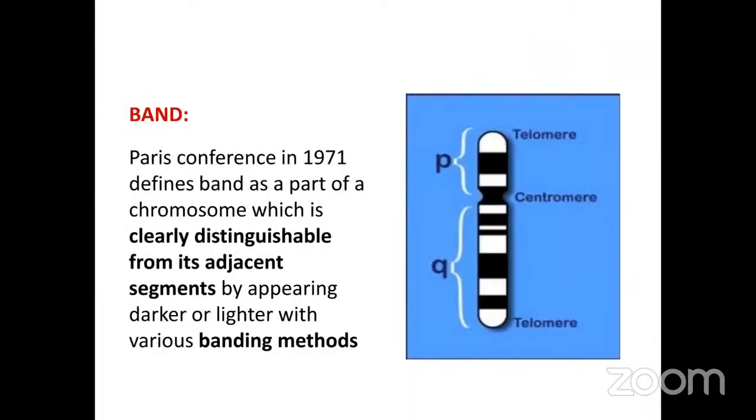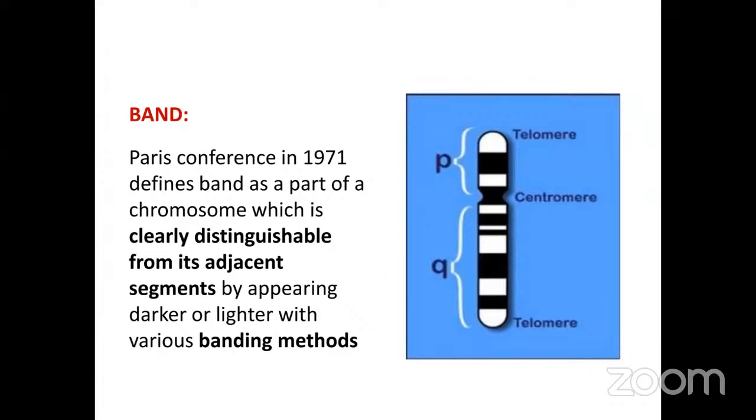We have seen that the short arm of the chromosome is denoted by small p, whereas the long arm is denoted by small q. The short arm and long arm are joined at a position called the centromere. We have also seen the classification of chromosomes based on centromere position: telocentric, acrocentric, submetacentric, or metacentric.